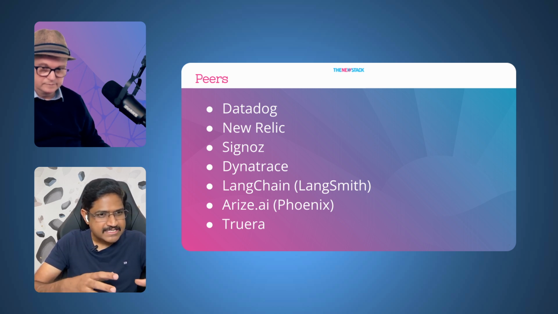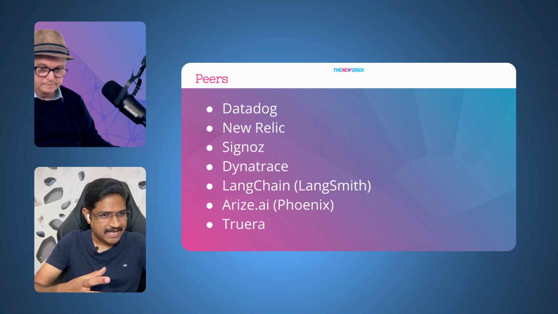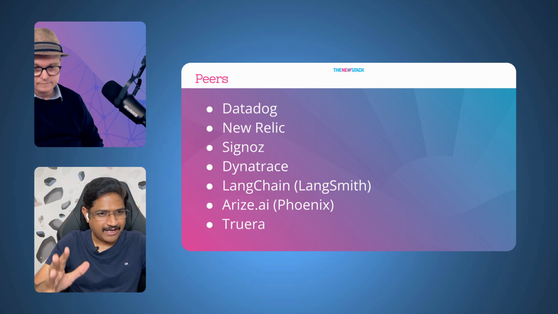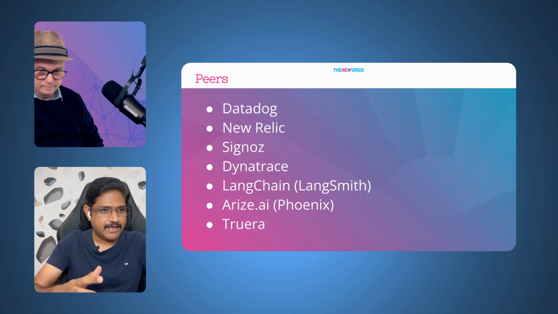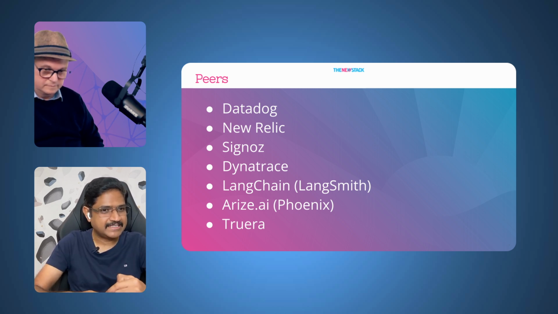All these have libraries, and they remind us of the very early days of APM, like AppDynamics, where if you were a Java developer, you had to import a library and instrument your code so that the logs are sent to an APM endpoint, and you can visualize a lot of details about your application. LLM observability is a lot like APM. If you are a developer implementing RAG, or writing an LLM application, you have to import a library and wrap your calls inside it.